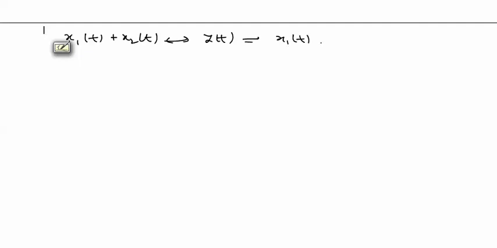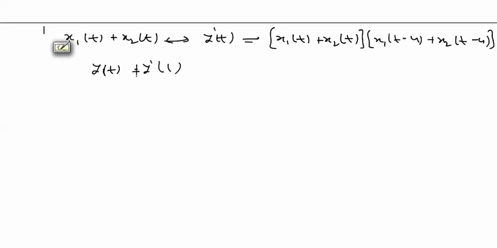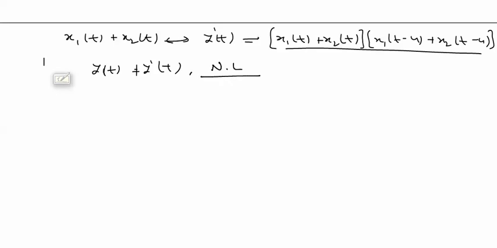y is x1(t) plus x2(t) multiplied with x1(t) minus 4 plus x2(t) minus 4. Both terms, y dash and y, are not equal, because there are 4 terms here and in the previous case only 2 terms. In the previous case we find only 2 terms, 2 combinations.